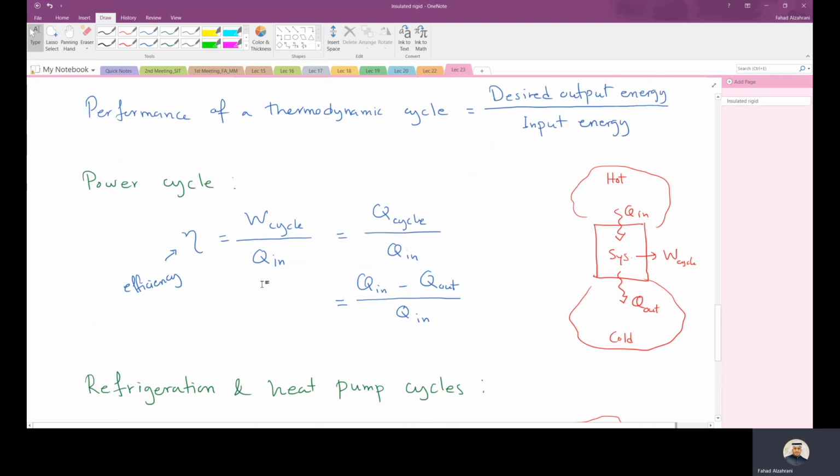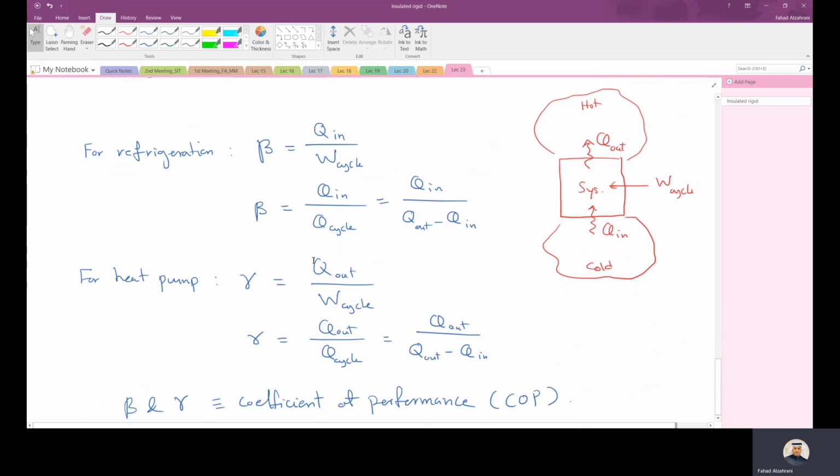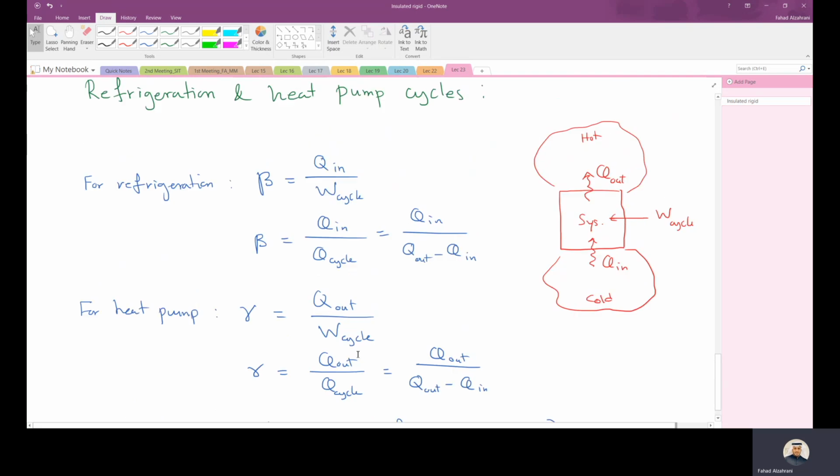For the power cycle, this is called efficiency, which is theta. I think this is theta or something. So for the power cycle, this is called efficiency. For the refrigeration and heat pump cycle, this is called coefficient of performance.